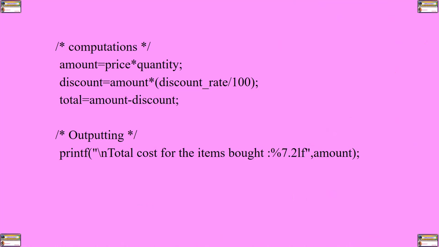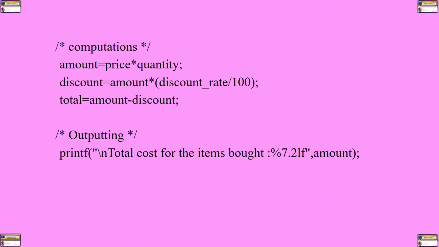And then this section, %7.2lf, comma amount, is telling the compiler to go into the memory location called amount, read the value there, and display it on the screen, formatted into a maximum of 7 characters and 2 decimal places.